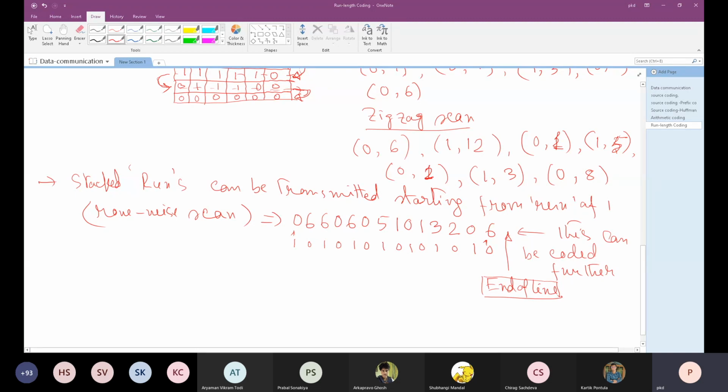Even for a row-wise scan of a large binary map, this number will grow quite a good amount. So that needs to be coded again to make it efficient. Otherwise, these are a string of large numbers.